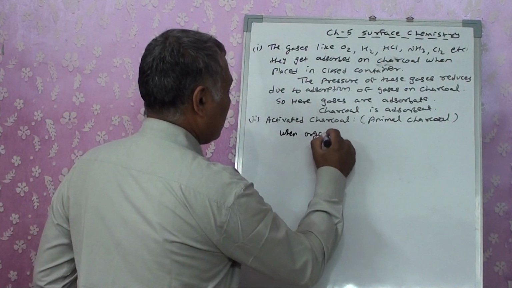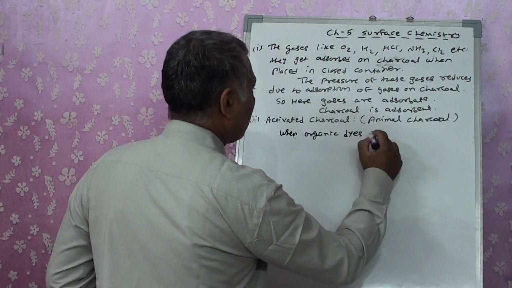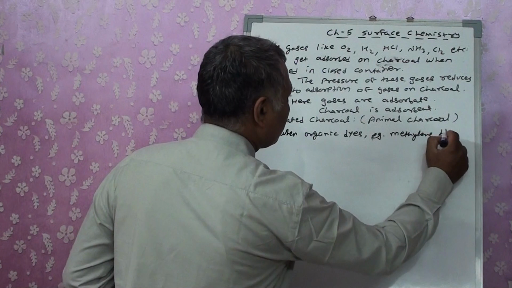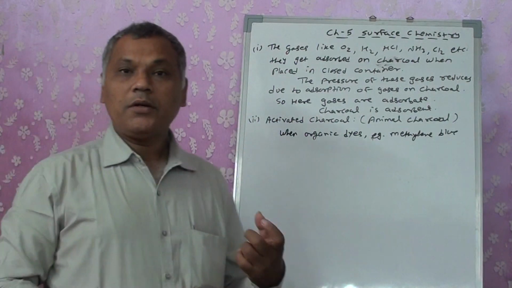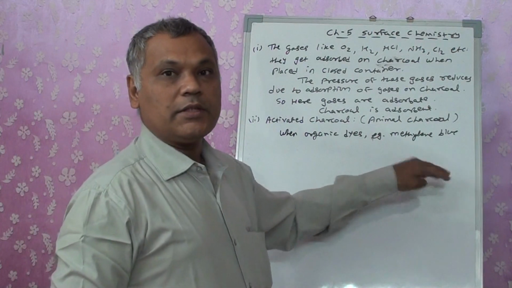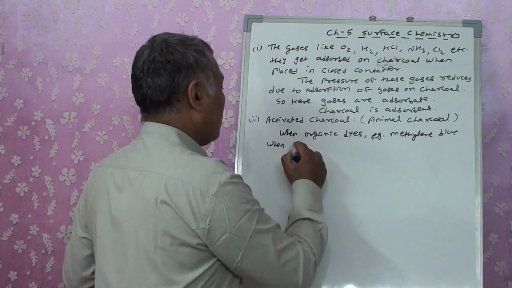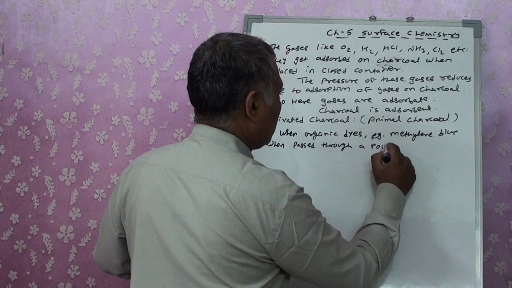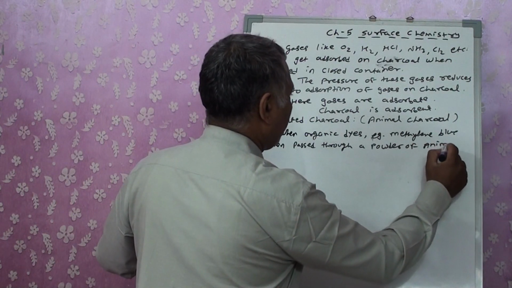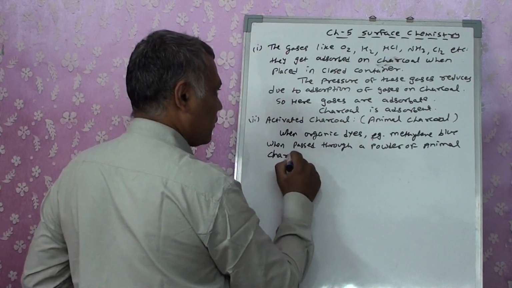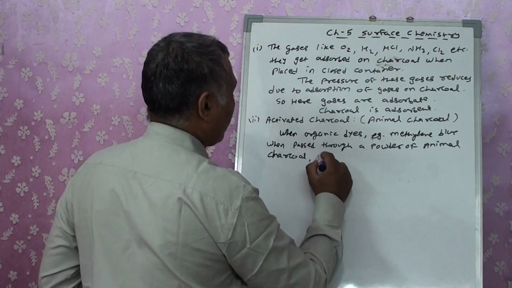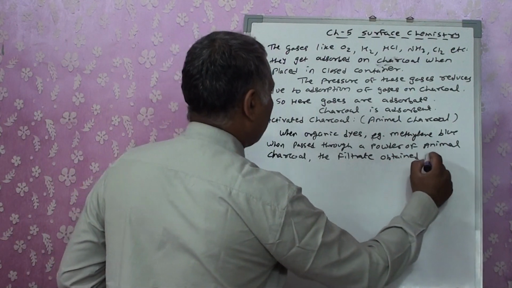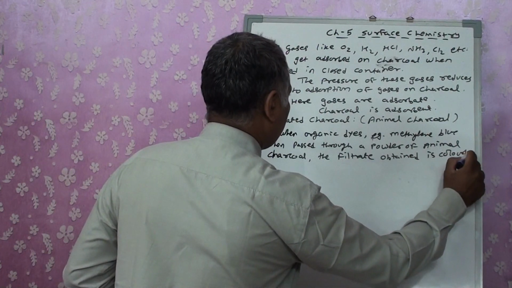When organic dyes, for example methylene blue, which is actually a blue colored liquid, an organic dye, is passed through a powder of animal charcoal, the filtrate obtained is colorless.